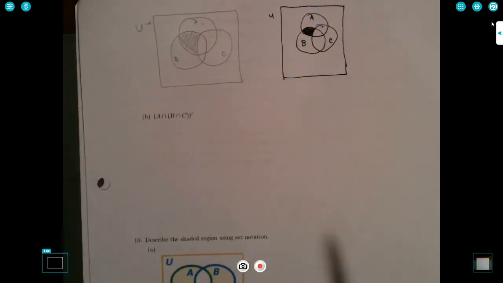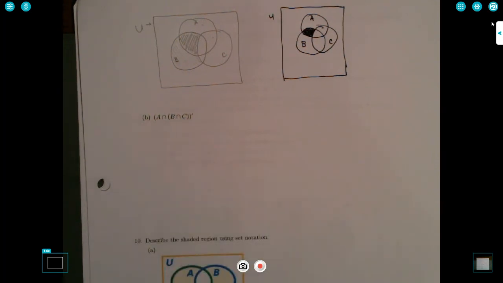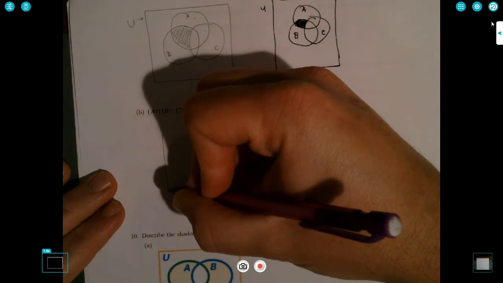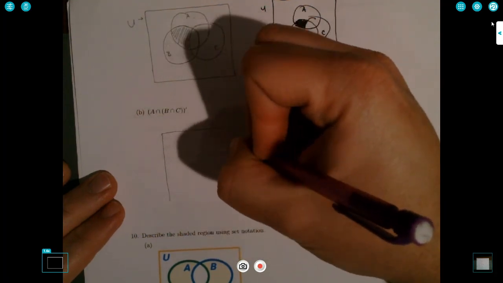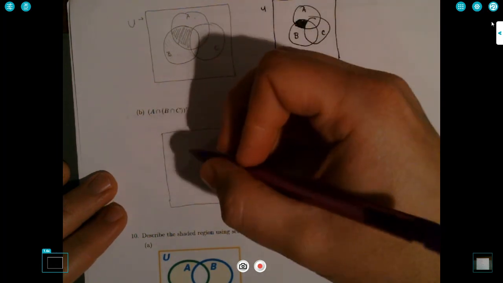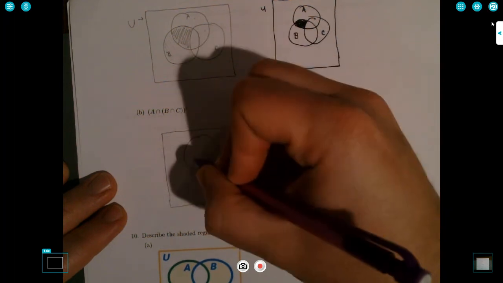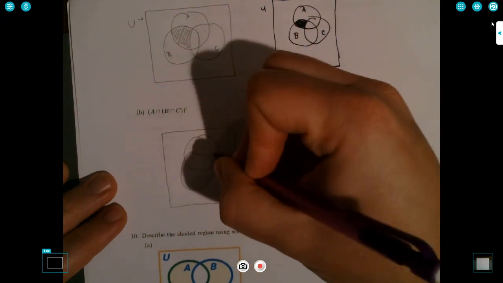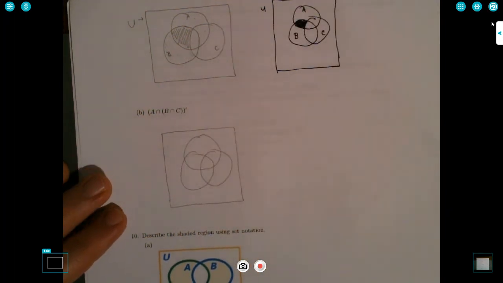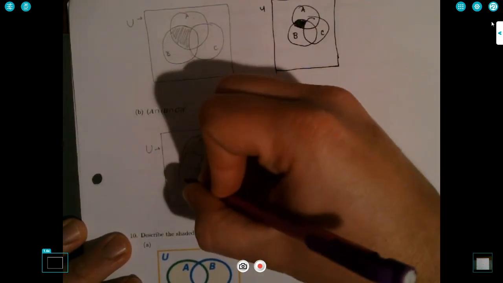Okay, let's do another one. Oh, so we've got A intersect, B intersect C, complement. Okay, so same deal. We'll need 3 circles to represent this scenario. I'm going to do a rough draft in pencil again in case I need to erase. But I'm going to have A, B, and C, like that. Okay.